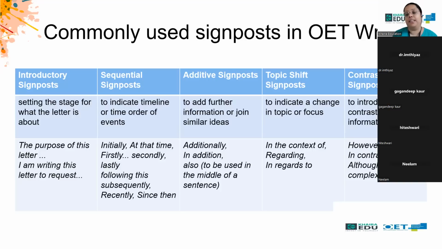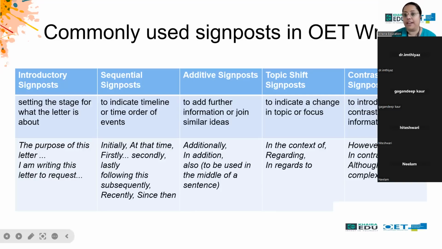He has been drinking 30 regular drinks in a week for the last 3 years. So you're giving the information that the patient has been performing this action for the last 3 years, but this is a lifestyle habit. This is not the medical history of the patient. It's not a medical condition. So from medical condition, you're shifting to the lifestyle habits by signposting the paragraph with a topic shift signpost.